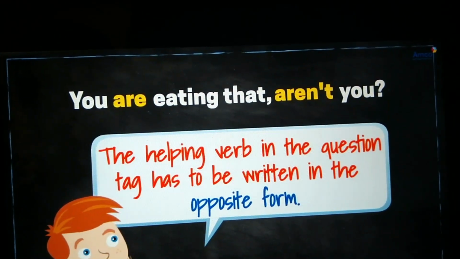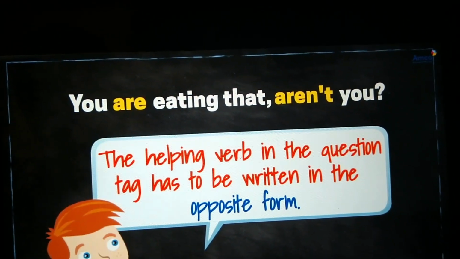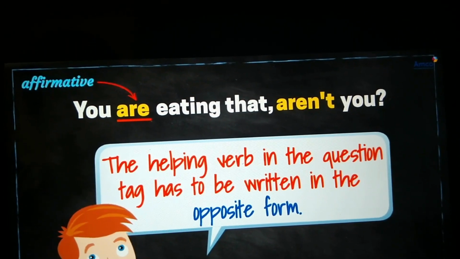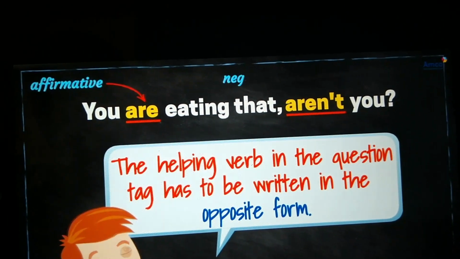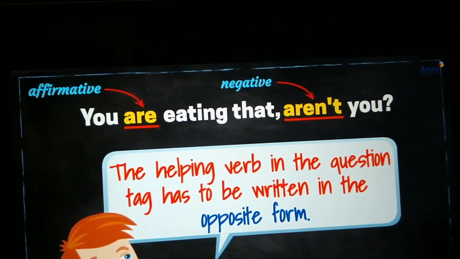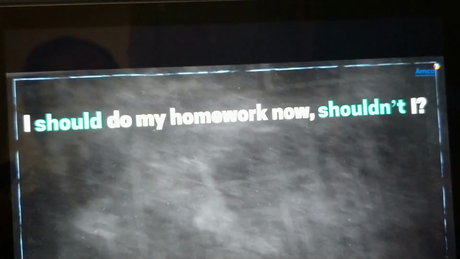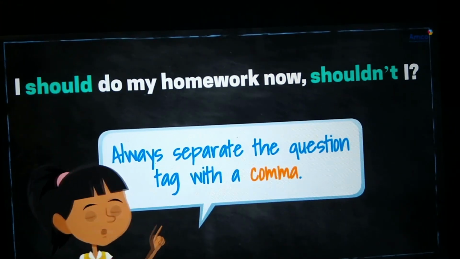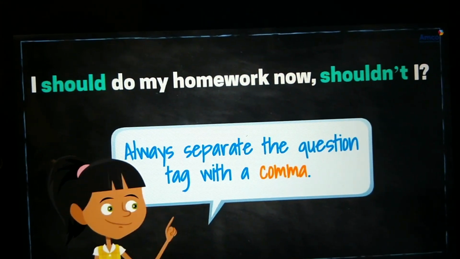The helping verb in the question tag has to be written in the opposite form. I should do my homework now, shouldn't I? Always separate the question tag with a comma.